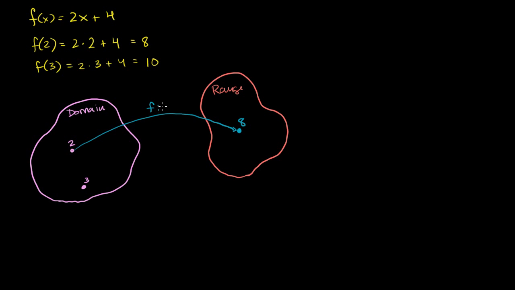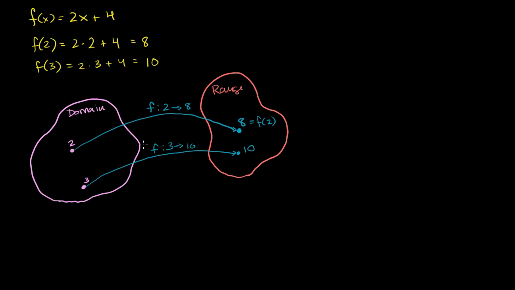That function is mapping us from 2 to 8. This right here, that is equal to f of 2. Same idea. You start with 3. 3 is being mapped by the function to 10. It's creating an association. The function is mapping us from 3 to 10.